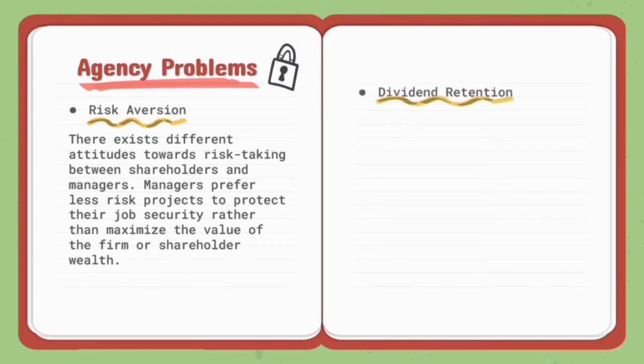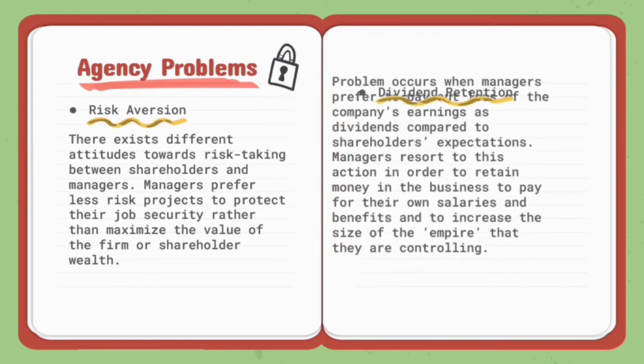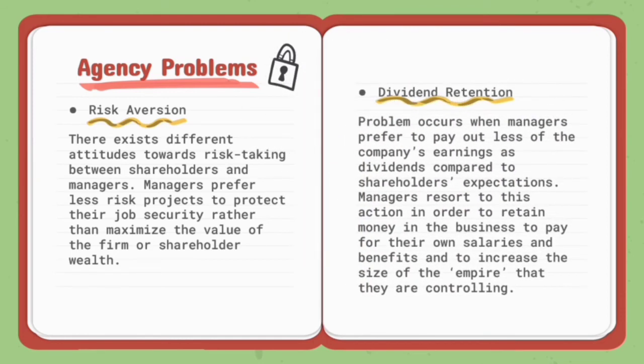Dividend retention. This problem occurs when managers prefer to pay out less of the company's earnings as dividends compared to shareholders' expectations. Managers resort to this action in order to retain money in the business to pay for their own salaries and benefits and to increase the size of the empire that they are controlling.